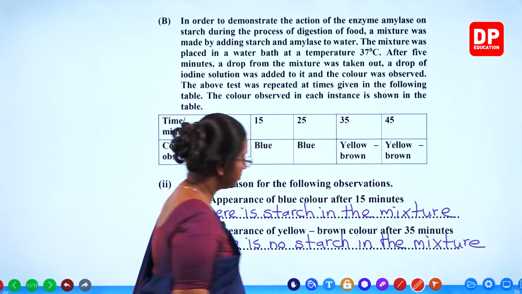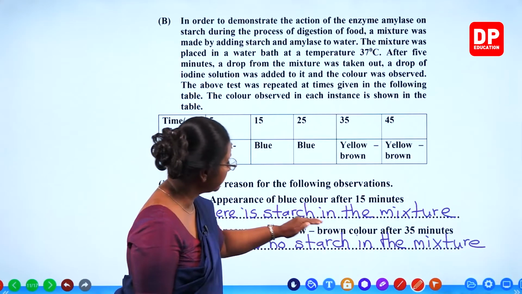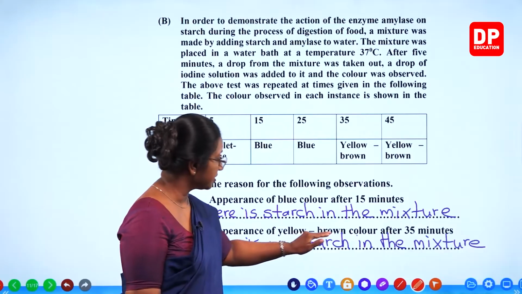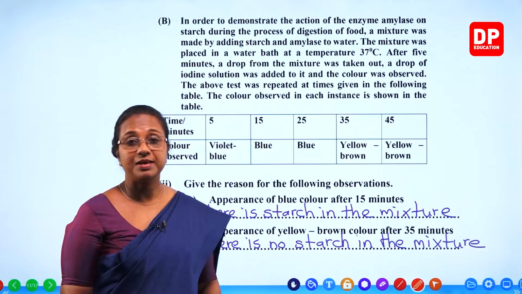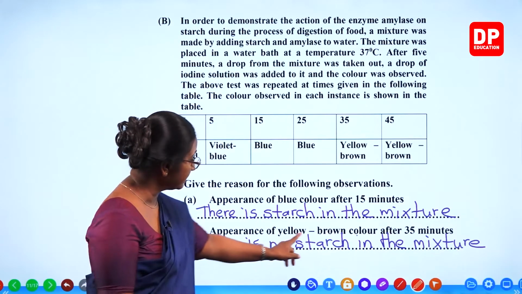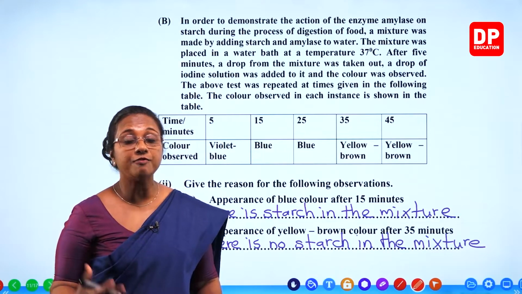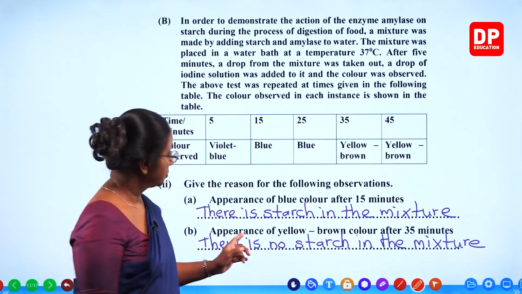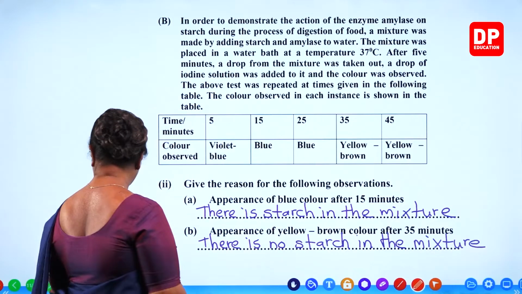Is that clear, student? So, important thing, you have to say there is starch, that is why blue color appears. There is no starch, that is why there is no appearance of blue color. It remains yellow-brown, the color of iodine itself. Is that clear, students? So, with that, I'll move on to the next part.